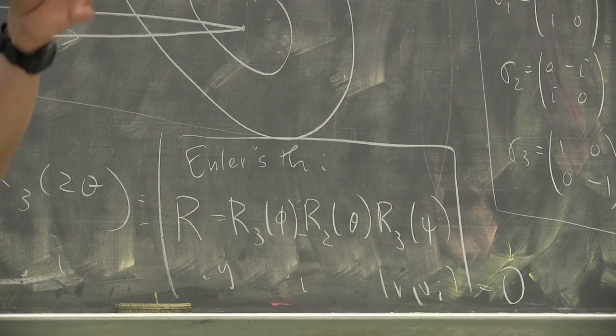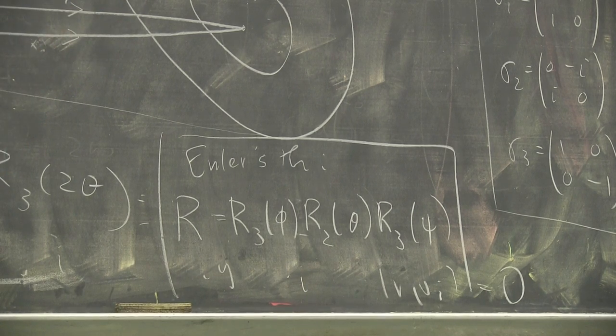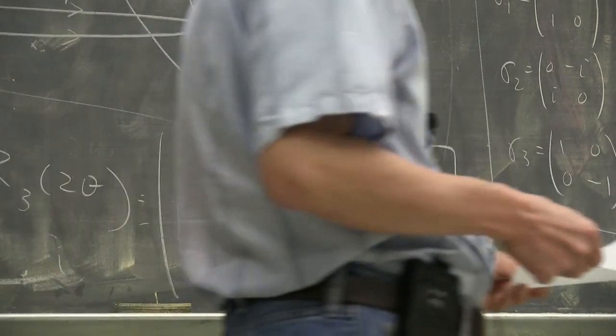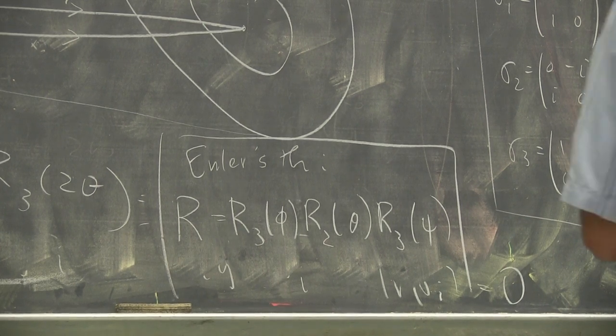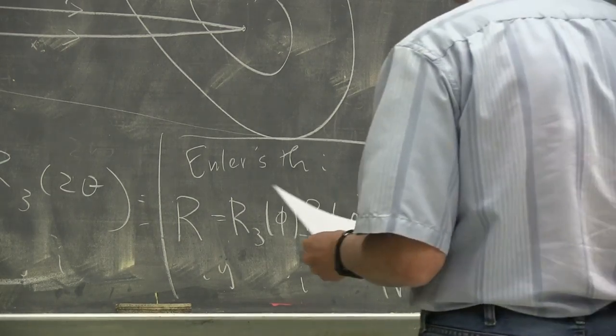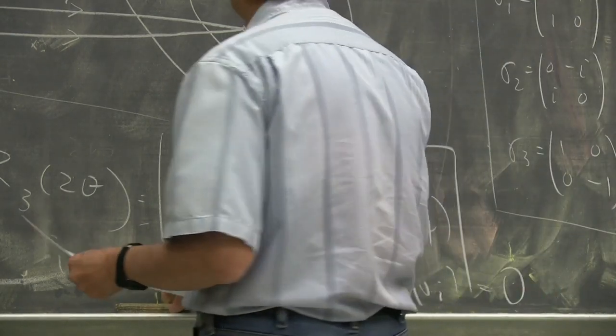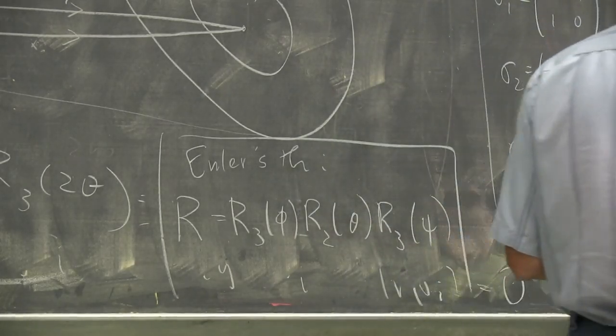If we succeed in doing that, then we will have found all the SU2 matrices which correspond to any rotation whatsoever because of Euler's theorem. So let's do that. We have found R3 already, so let's now try to find R2. And it turns out that this particular SU2 matrix would do the job.